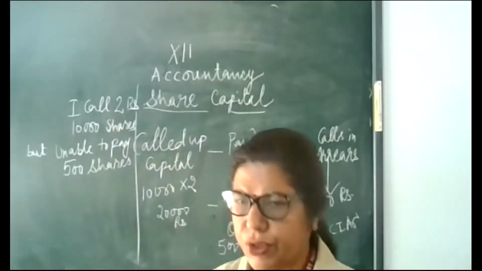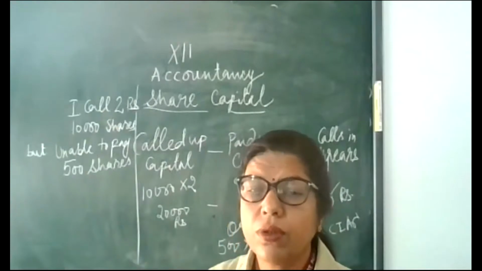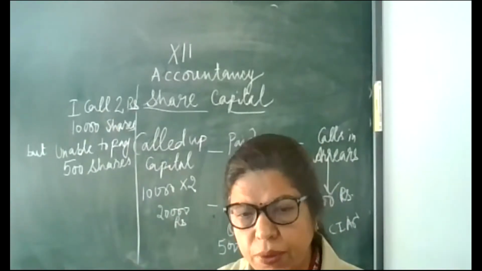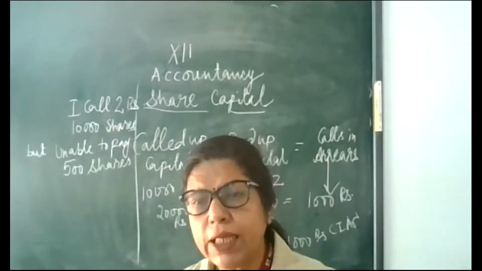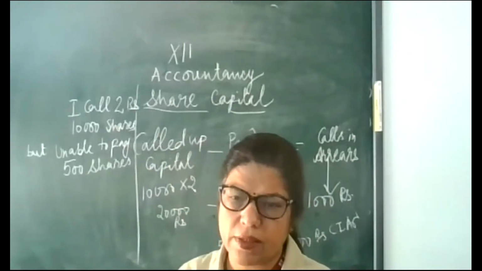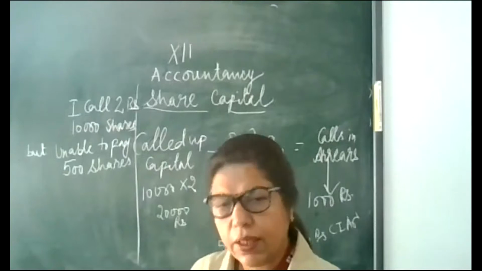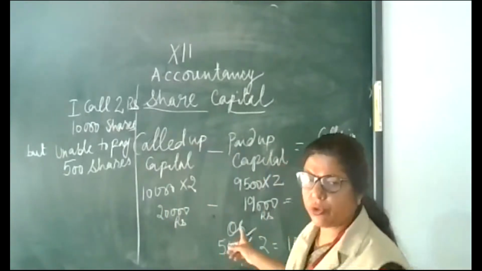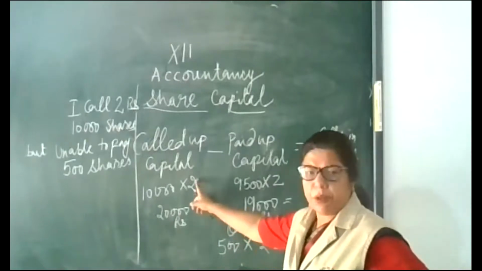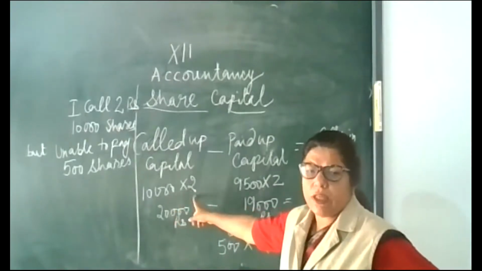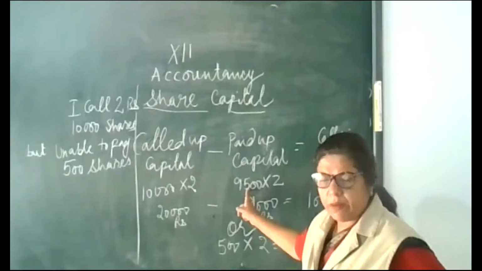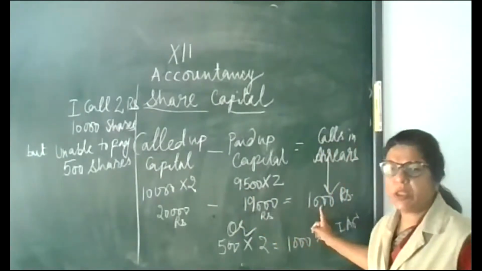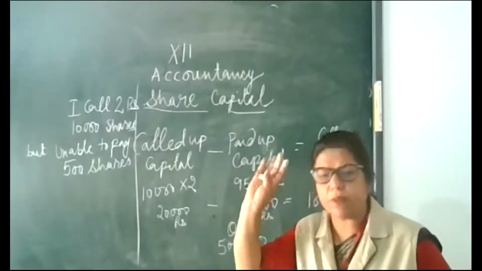Now we can have a question where multiple steps have arrears also. This is the arrears on the first step. If you want to note down: called up means the total shares, paid up means those who paid the amount, and the difference means those who have not paid the amount.